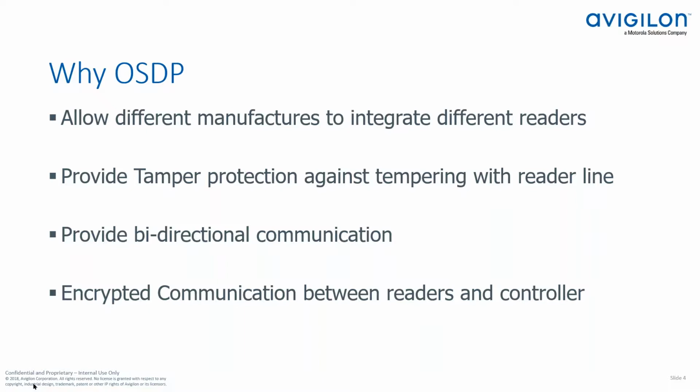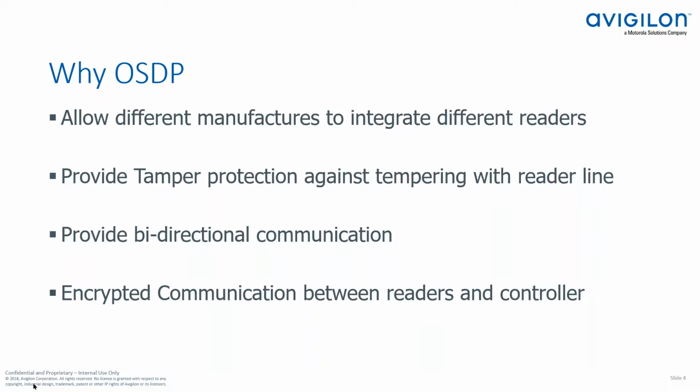You have that just by wiring the reader in OSDP format. If you want to do tampering, or in this case a supervised reader, using Wiegand, depending on the reader, you would have to create circuitry to provide that functionality.